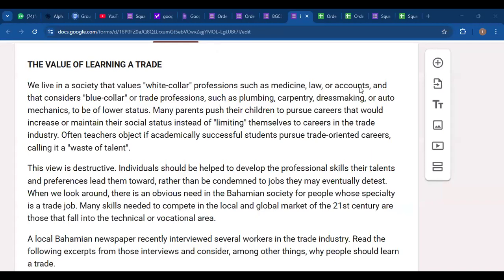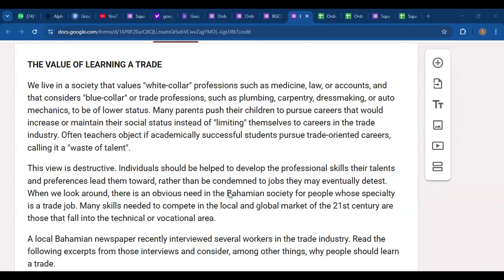Many parents push their children to pursue careers that would increase or maintain their social status instead of limiting themselves to careers in the trade industry. Often, teachers object if academically successful students pursue trade-oriented careers, calling it a waste of talent.